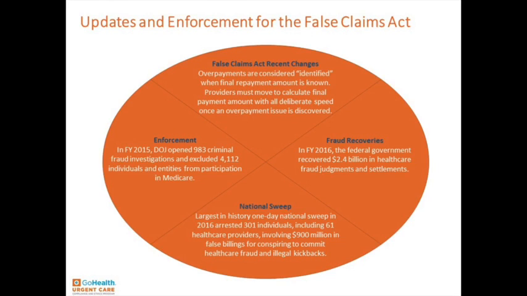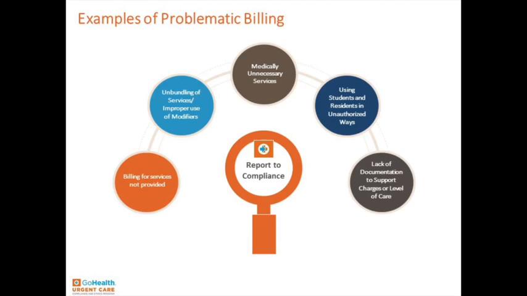Basically, the federal government cooperated with the state governments, and they coordinated their efforts. And in one single day, they went in and arrested 301 individuals, including 61 healthcare providers, so doctors, nurses, physician assistants, nurse practitioners. The individuals that they arrested were alleged to be involved in almost $1 billion in healthcare fraudulent billings.